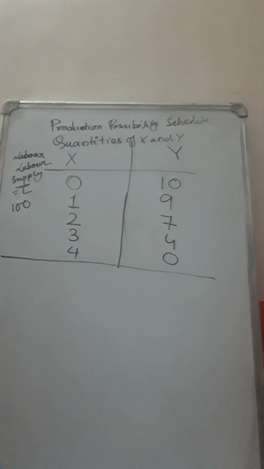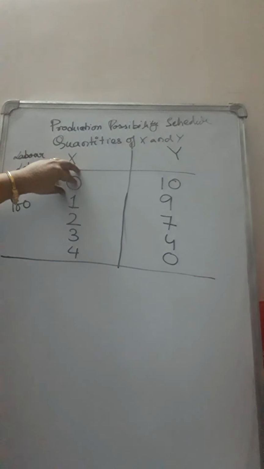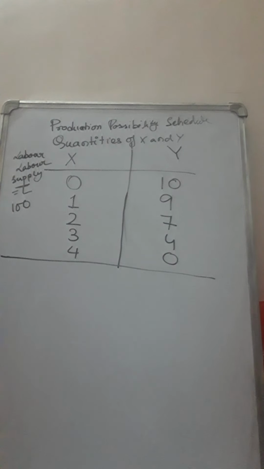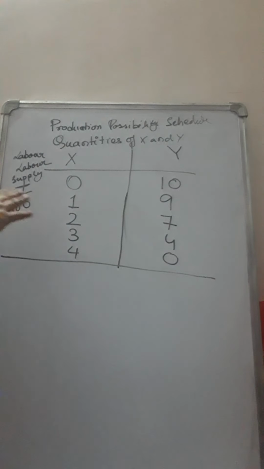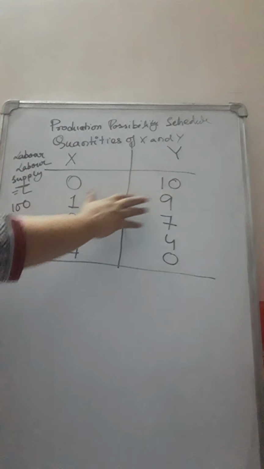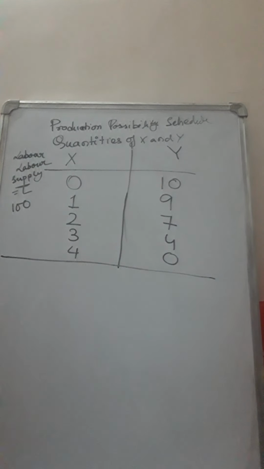What does it mean? It means there is no production of X. Why does this happen? It means no labor or no input is allocated to the production of X. You are allocating the entire labor to the production of Y. So if you engage all the input in the production of Y, the maximum Y that you can attain is given to you.